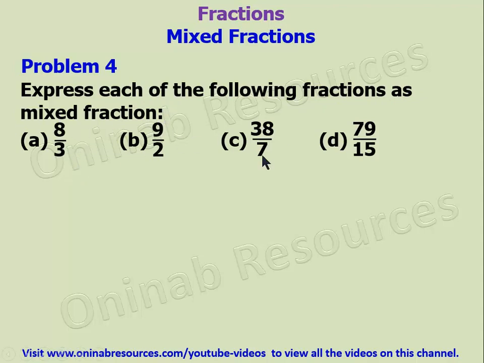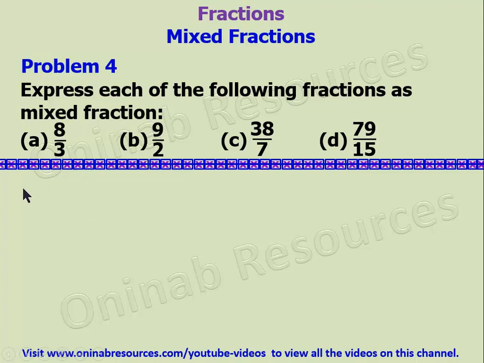These are improper fractions, so we want to express them as mixed fractions, and this is the reverse of the problem we just solved in problem 3. So here, starting from A, we are going to divide the numerator by 3, take the quotient as the whole number, and the remainder as the numerator, but the denominator will still be maintained.